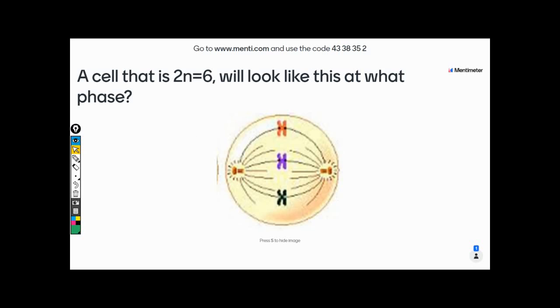Okay, so we're thinking of a cell that is diploid. That's 2N, diploid. It should have 6 chromosomes. So I'm giving you what it looks like.